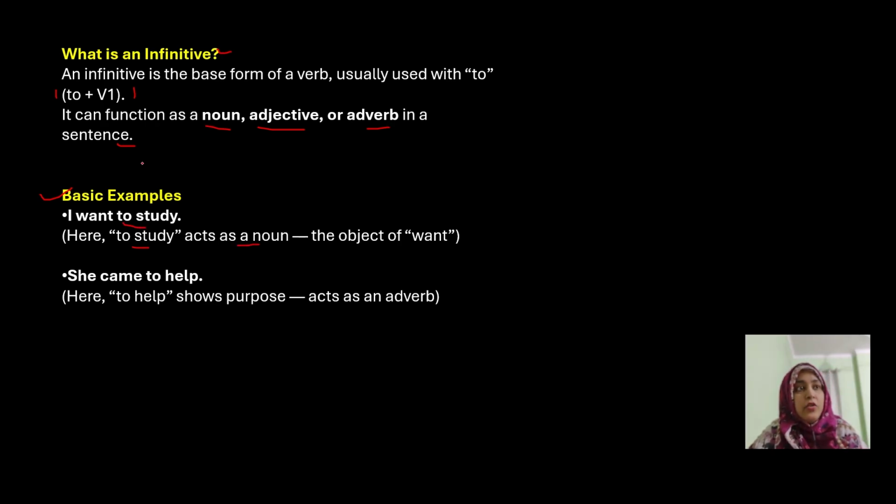Second sentence, she came to help. Now you can see here also to help shows a purpose. So it acts like an adverb, right? She is coming to help me, so there is a purpose in this sentence, and it clearly states that to help is acting like an adverb.